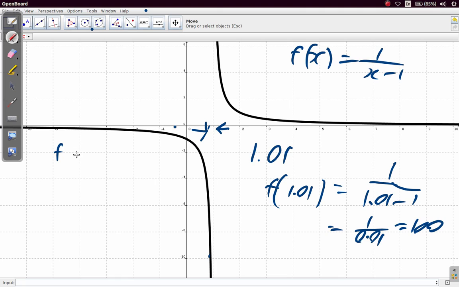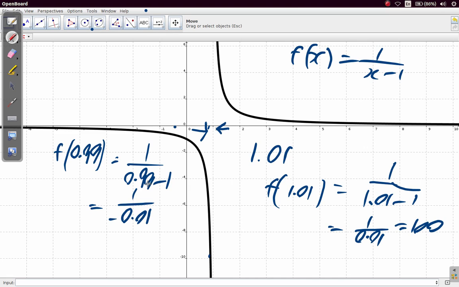We're finding f of 0.99, which is equal to 1 over 0.99 minus 1, which is 1 over negative 0.01, which is negative 100.